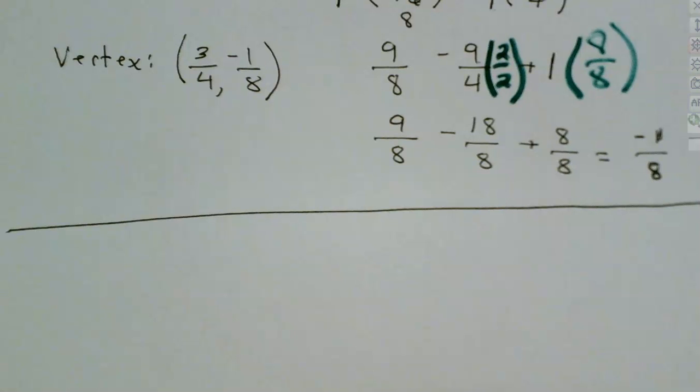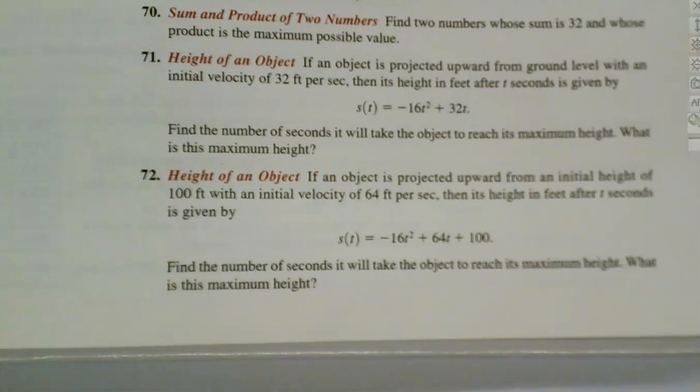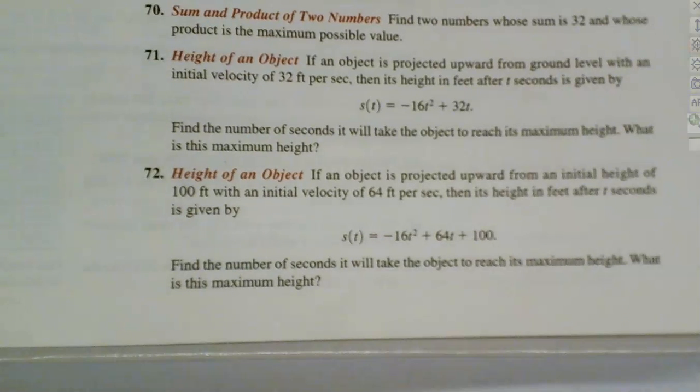We're going to look at question 71. And what we're doing here is we're going to be finding the maximum or the minimum value. And that's your vertex. So the maximum and the minimum, those are going to be your vertex.